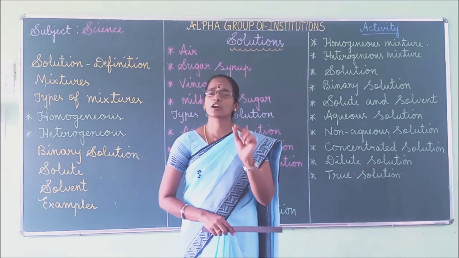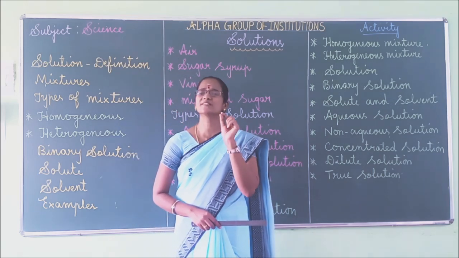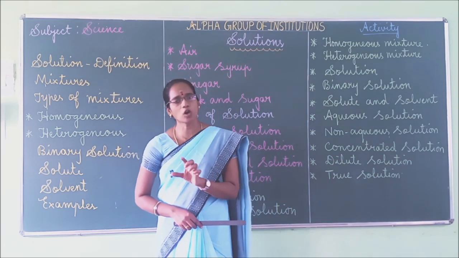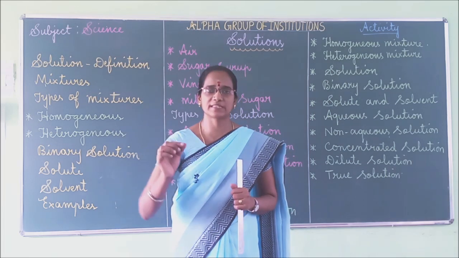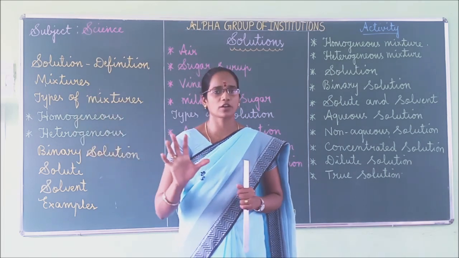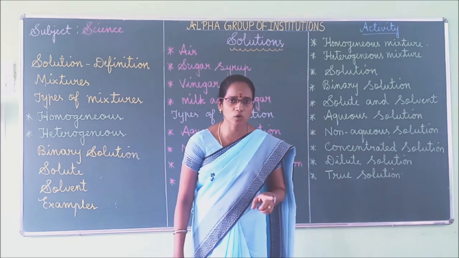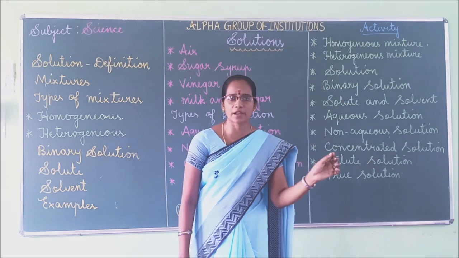Solute means the component of the solution which is present in smaller amount, whereas solvent means the component of the solution which is present in larger amount. So in salt solution, which is the solute? Salt is the solute because it is present in smaller amount.